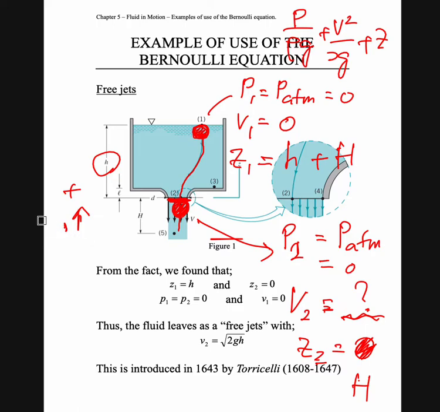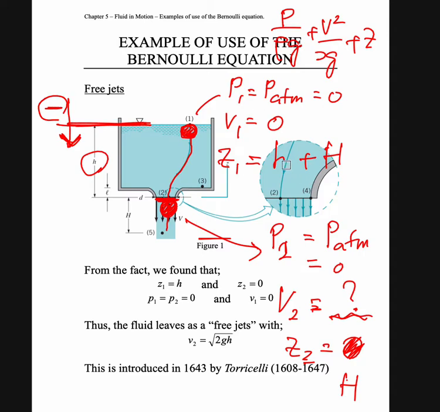And if you're not satisfied with this datum, it is okay for you to change to another datum. For example, if you want to change the datum to the free surface, let's say this is our datum. Because we are measuring downside like this, it is a negative side. So Z1 here is not H plus H. Z at point number 1, because it is on the datum, will become 0.